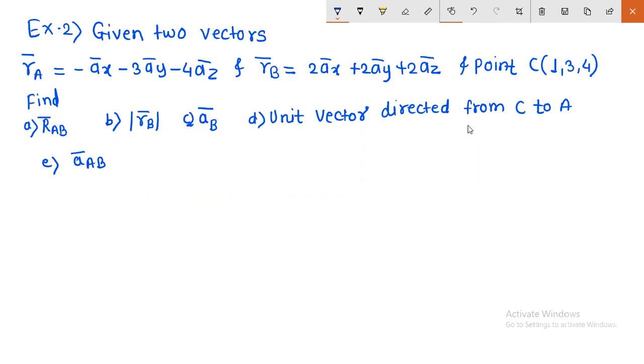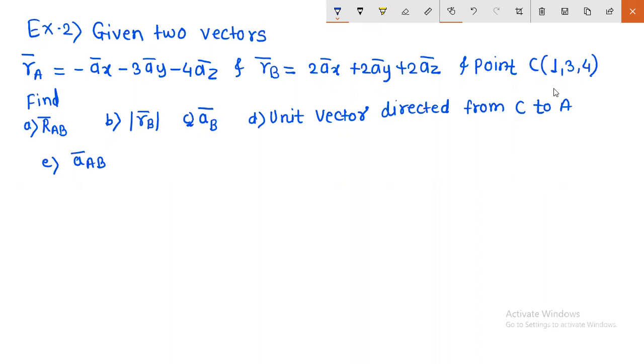Then unit vector directed from C to A. C to A means again you have to write this vector C bar in Cartesian coordinate system, that is in terms of x, y and z.